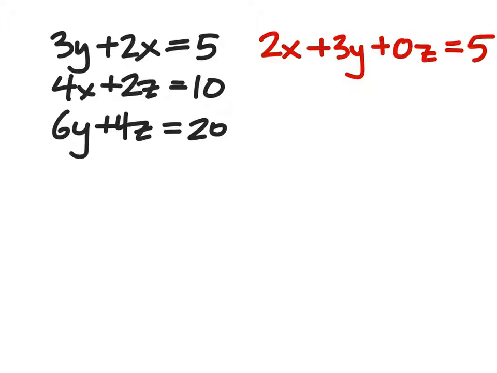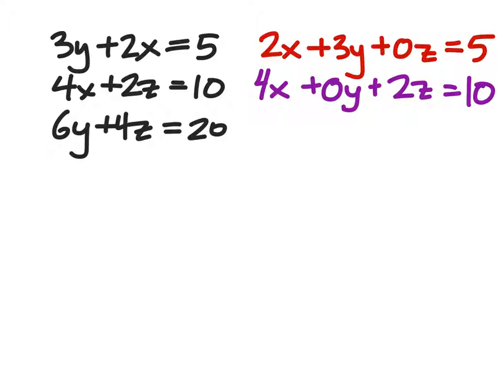I'm going to do the same thing on the second equation, but right there I'm going to put 4x plus 0y's plus 2z's. Now this is usually a little bit more important when we're using matrices, but it'll work for what we're doing here as well. And on this third equation, we got 0x's, 6y's, 4z's, and 20.